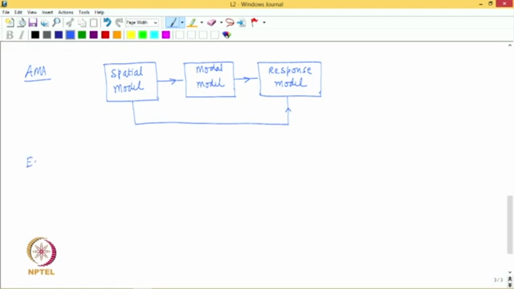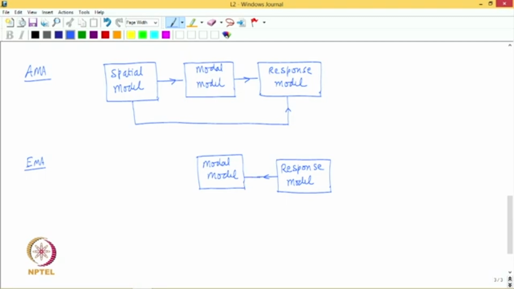So, in experimental model analysis, we start from the response model because that is something obtained by measurement, the FRFs, and from this response model, the analysis of the response model gives the modal model. We identify these modal characteristics which form the modal model.